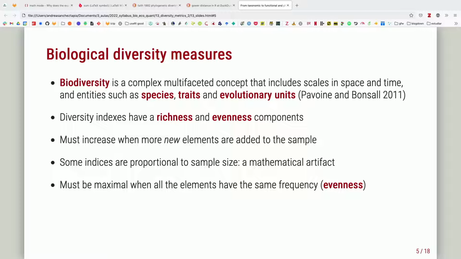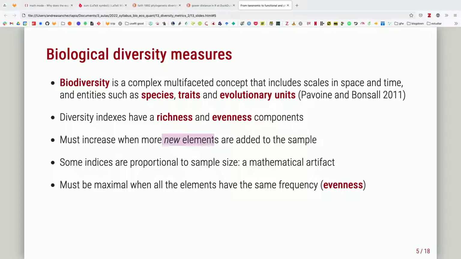For example, a diversity index should increase when elements of a new kind are added to a sample, but not necessarily. And of course, it will increase if it has more elements. The richness, if the sample has more species, the richness will augment. But this will change also the diversity, the evenness, naturally.